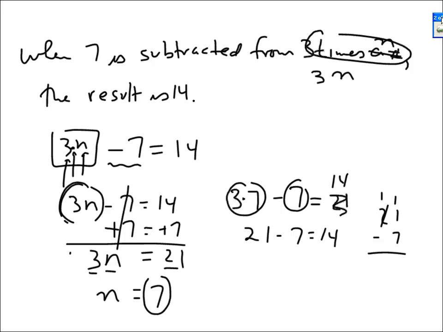Borrow 11 for 14. What do you know? Getting good at this. So the number is 7. 3 times a number. Whenever you see the words a number, you replace it with n or x or j, whatever you like.